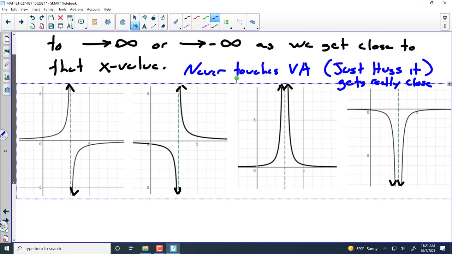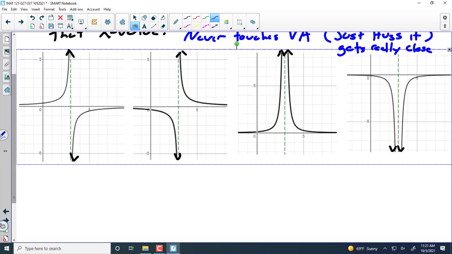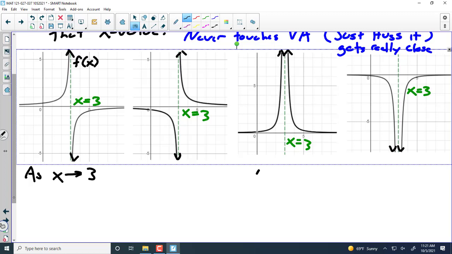So what I did on this one, class, and this is going to get a little bit sticky, but I put my vertical asymptote for all of these at x equals 3. And here's what I want to say. We want to say, as we get really, really close to 3, what does the graph do? Let's start with this one over here.